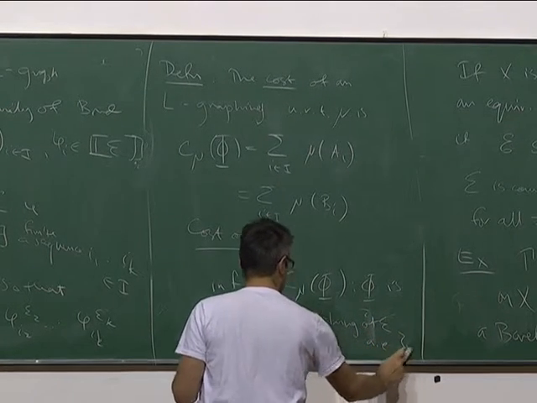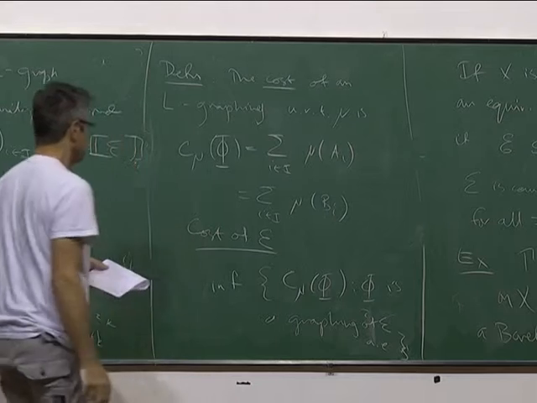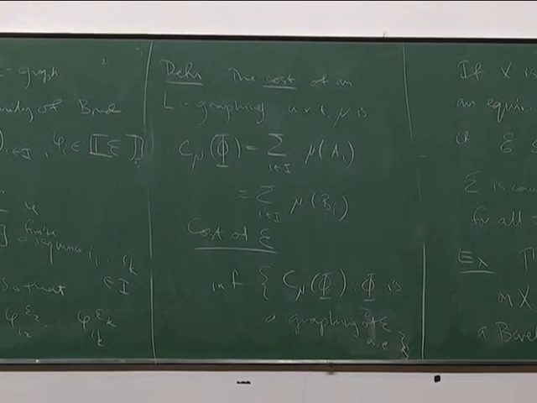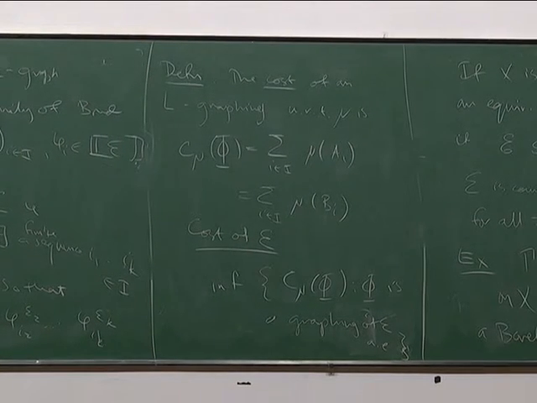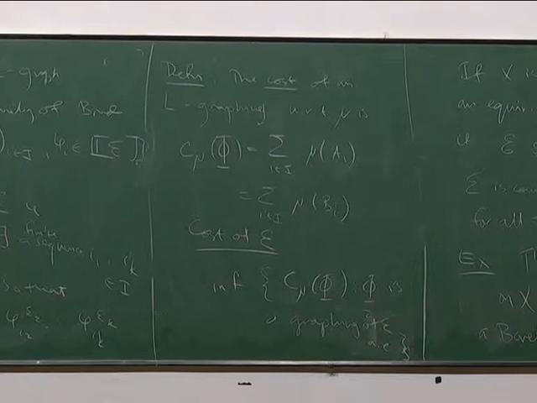And I need to put the words almost everywhere in there to make sense. So what I now want to do is say the cost of the equivalence relation, which might be that generated by a group, but this holds more generally, is the smallest cost of any graphing of the equivalence relation.